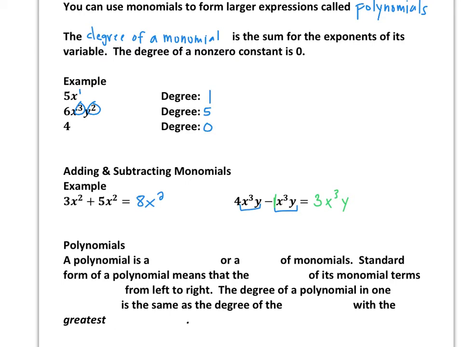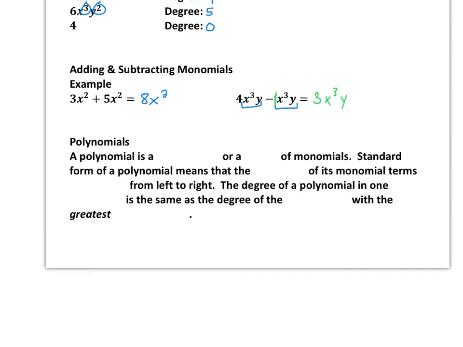All right, now let's talk about polynomials here. So a polynomial is a monomial or a sum of monomials. Standard form of a polynomial means that the degrees of its monomial terms decrease from left to right.